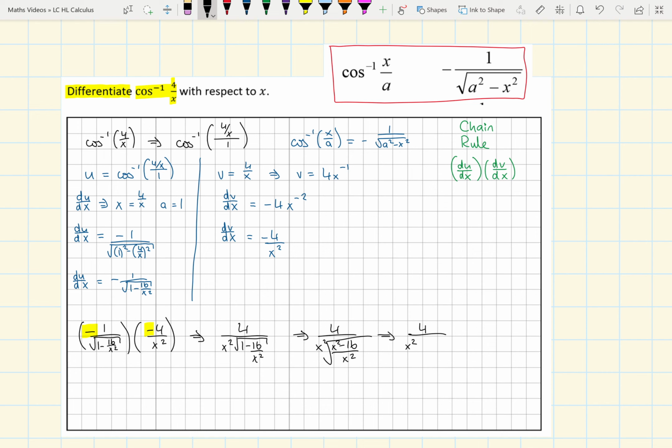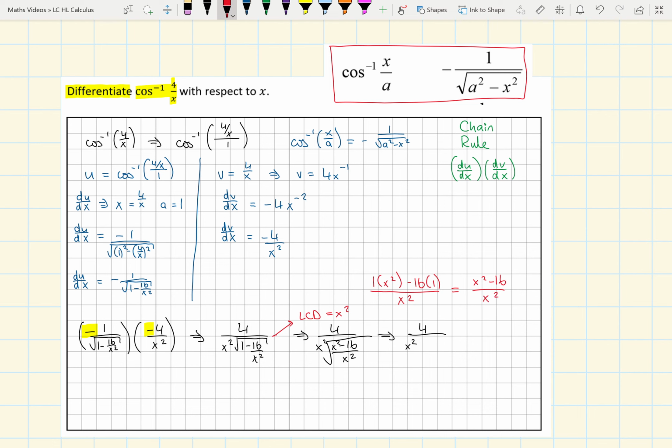Just applying our LCD for this part in the middle. So all that happens there is we get 1 by x squared minus 16 times 1 all over x squared. It's going to tidy up to x squared minus 16 all over x squared.